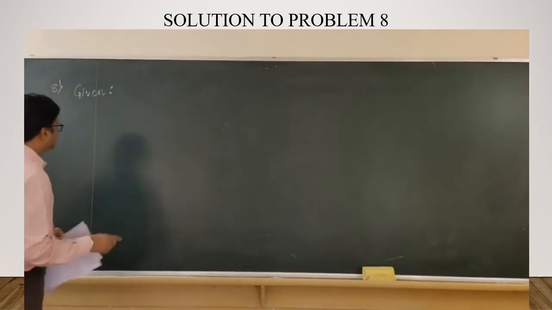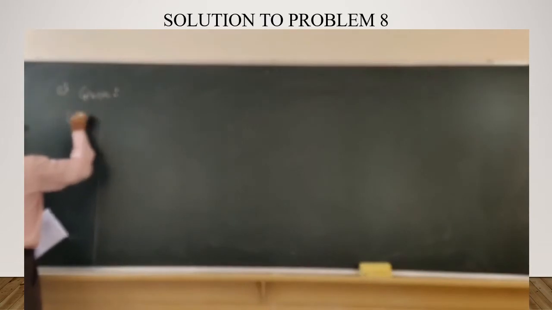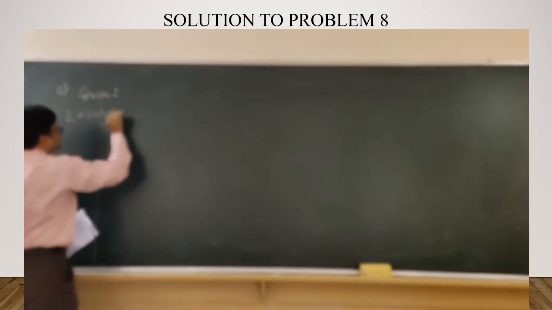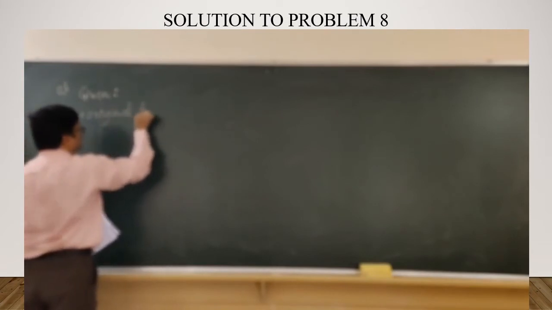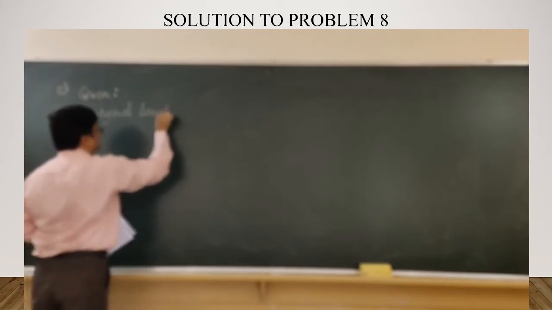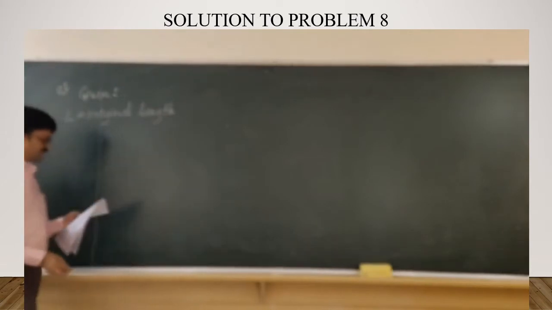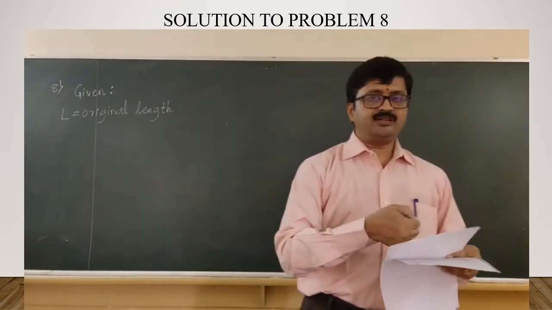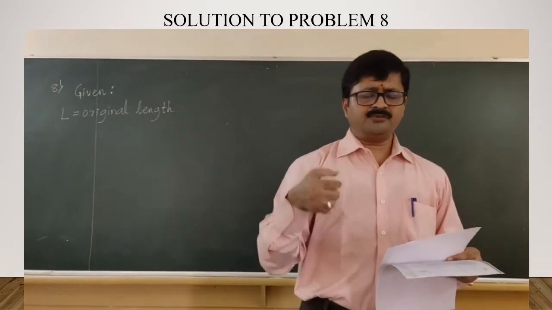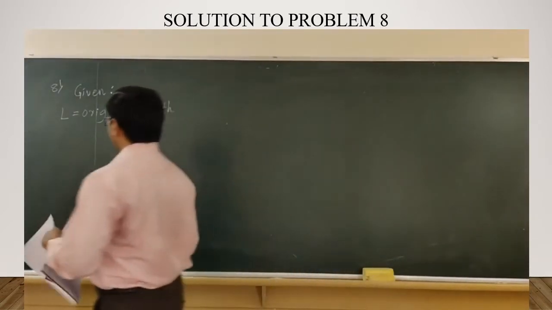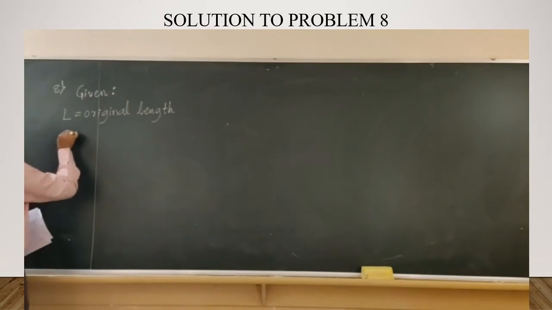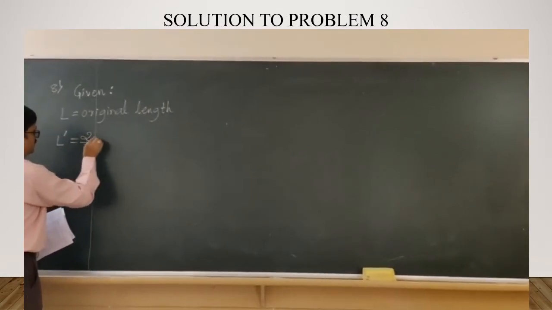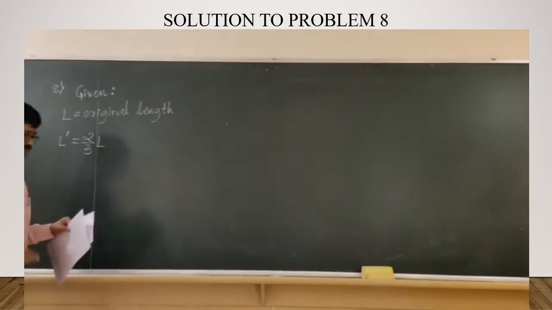Original length I take as L. They say that it has been drawn into a new wire of 2/3 of the length. So obviously L dash is equal to 2/3 times of L. This is what they have given in the problem.